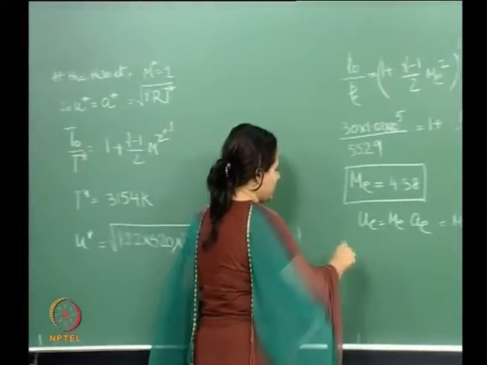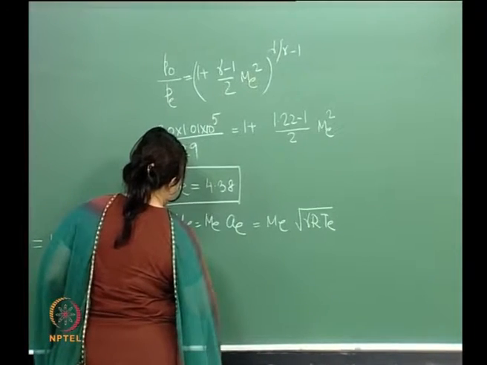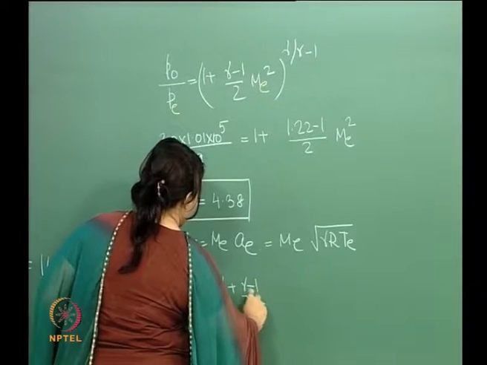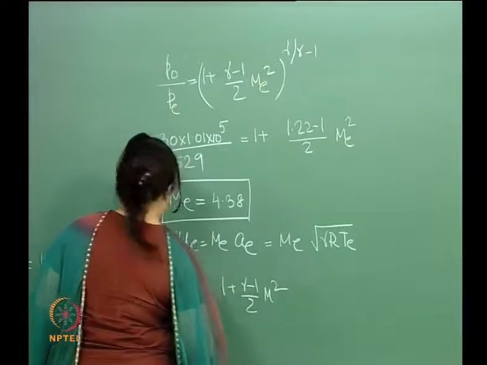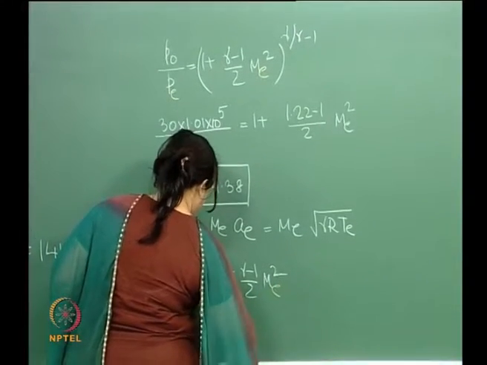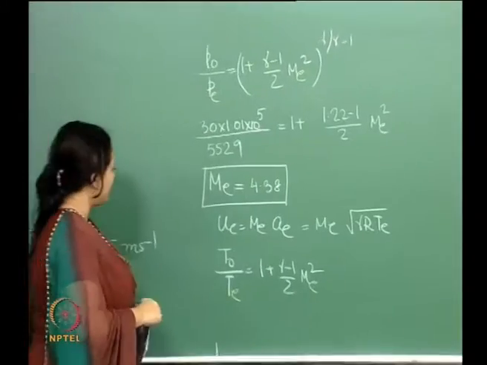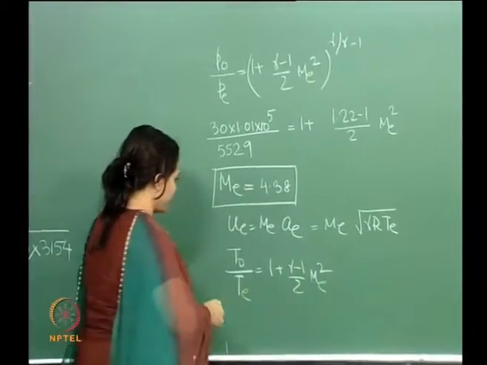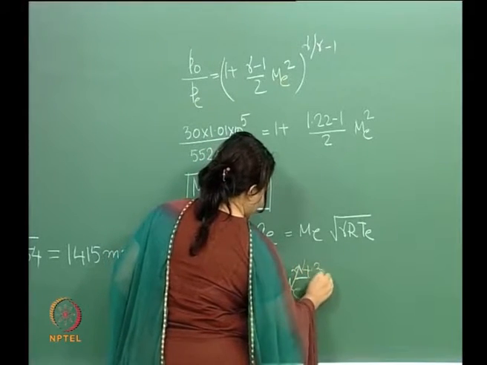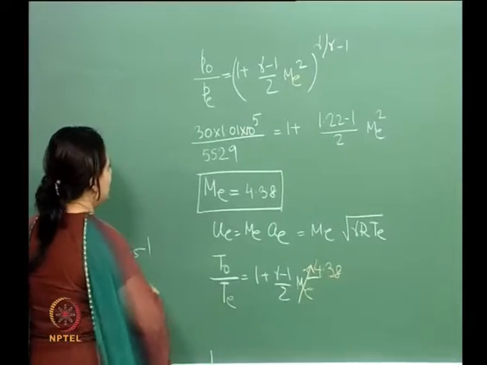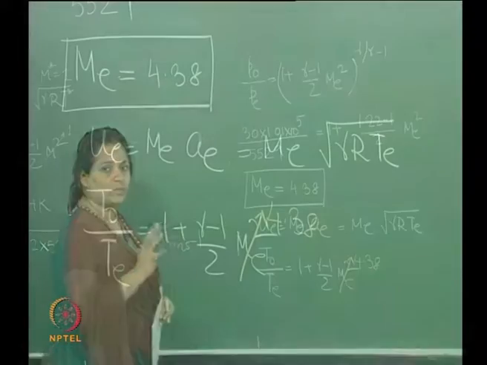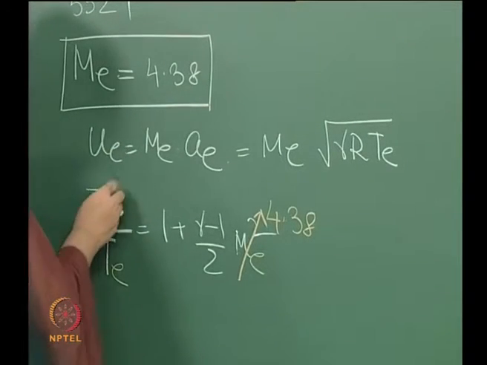So, basically I have T is equal to, and in this case we have this as the exit. By now we have calculated the Mach number as 4.38. And T naught, the reservoir conditions, is 3500.